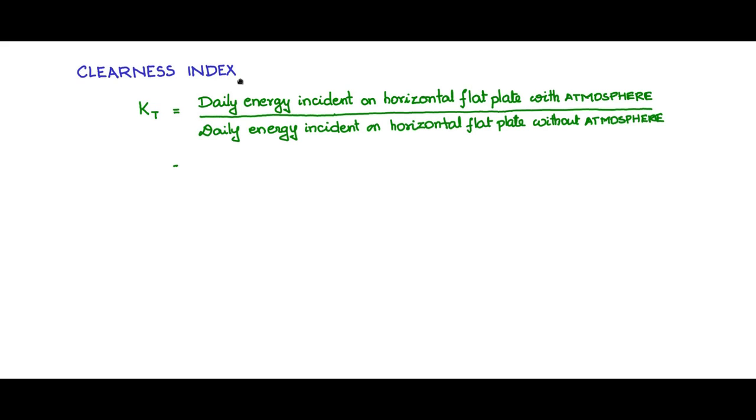Now this is equal to the daily energy incident on a horizontal flat plate with atmosphere. We have been using the symbol HA, and the daily energy incident on a horizontal flat plate without atmosphere, we have been using the symbol H naught. Now H naught can be computed.